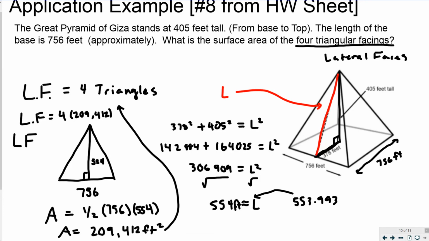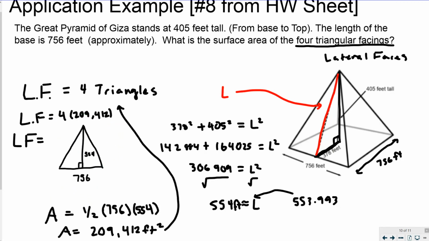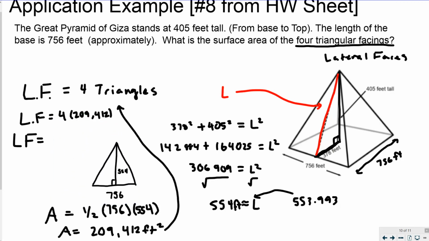Multiply that amount by 4, and the total surface area for all of the sides, the lateral faces, comes out to a whopping total of 837,648 feet squared. That is a lot of stone to create the Great Pyramid of Giza.